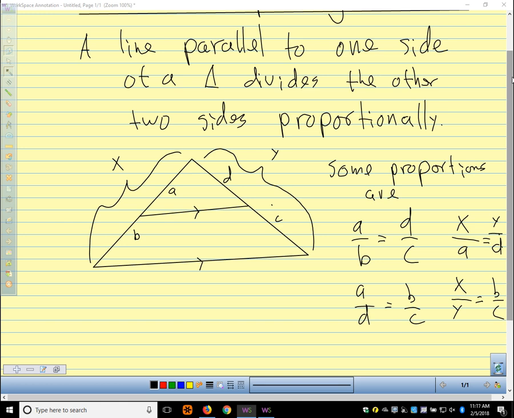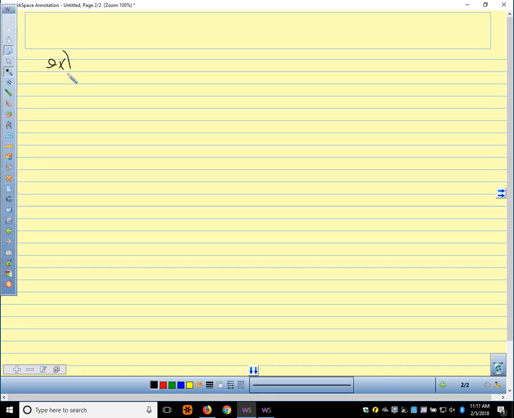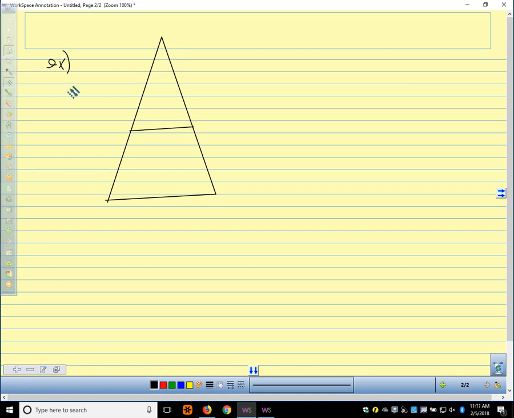All right, so let's look at a couple of examples that have to do with the side-splitting theorem. All right, there is our setup, and we want to find X. So we have that this segment is parallel to the base of the triangle.